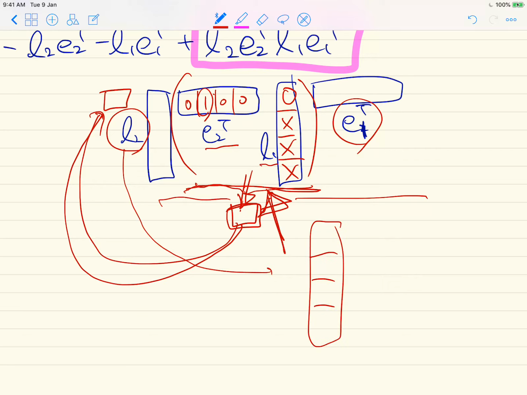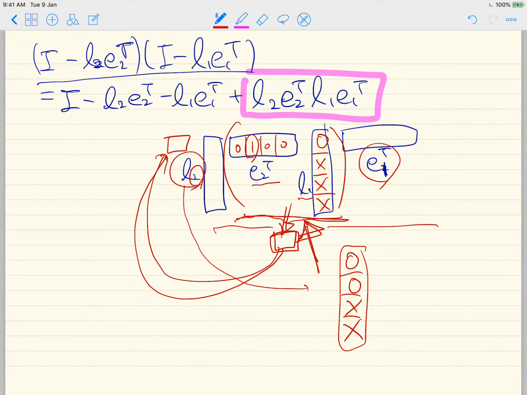So in the case of L2, as we saw in the previous case, at least we will see two zeros as the leading, or the first elements, and some non-zero values over here, right? Because what was L2?